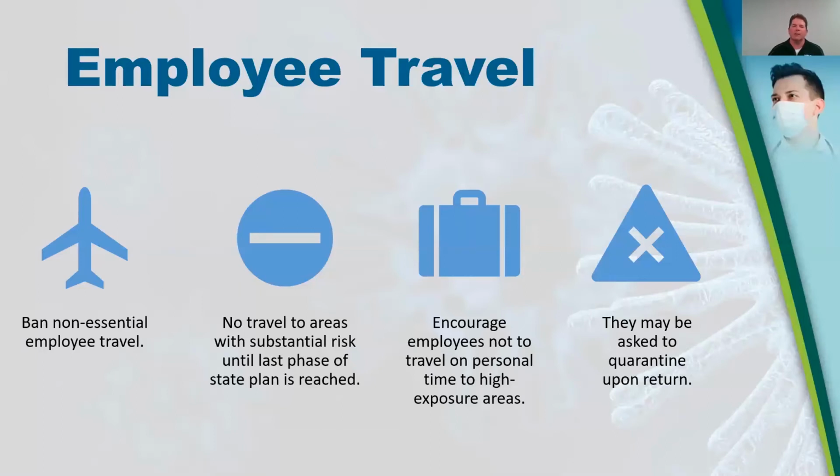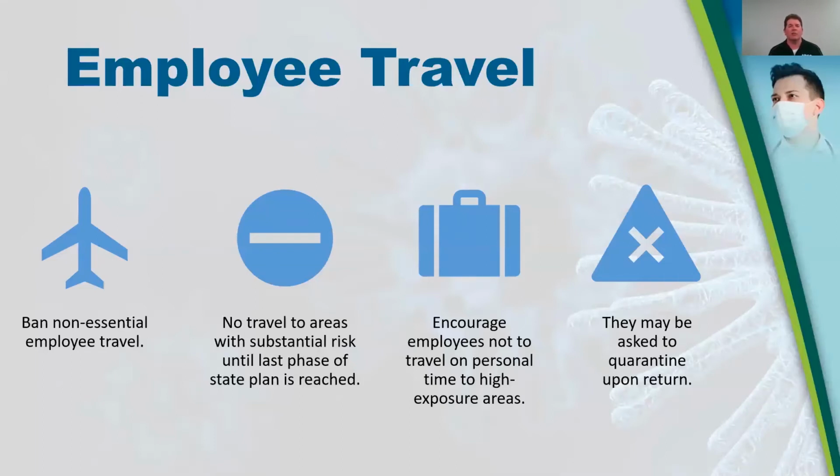So again, limiting that travel is going to be a difficult thing. No travel to areas with substantial risk until the last phase of the state plan is reached. The North Dakota Department of Health has implemented this phase or step-by-step approach to how we're going to do this smart restart, and keeping that travel to a minimum until we get to that last phase is what's being advised.